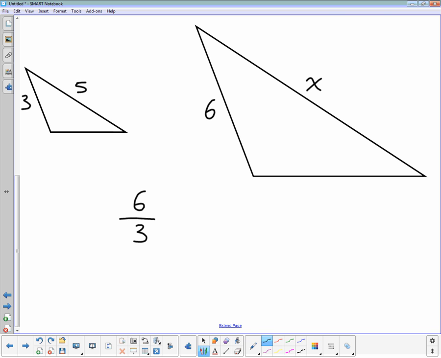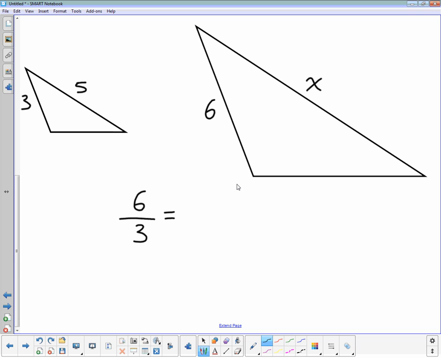So for example, 6 over 3 is my scale factor. Now, if they're similar, everybody's got the same scale factor. Everybody's twice as big. So whatever that scale factor is, it's true for every single piece.